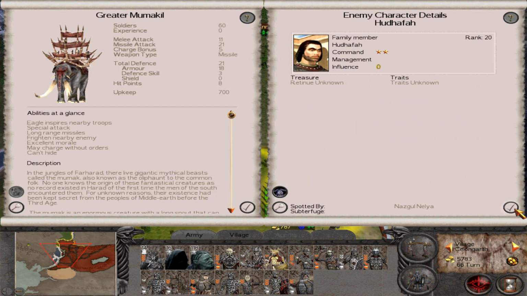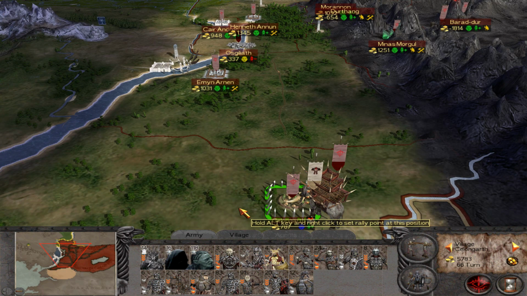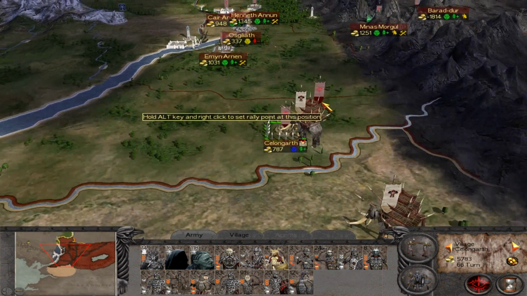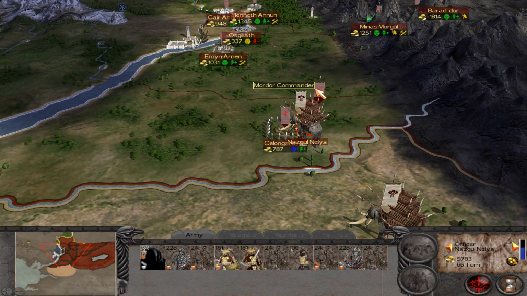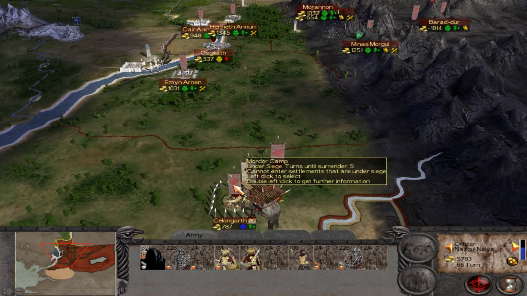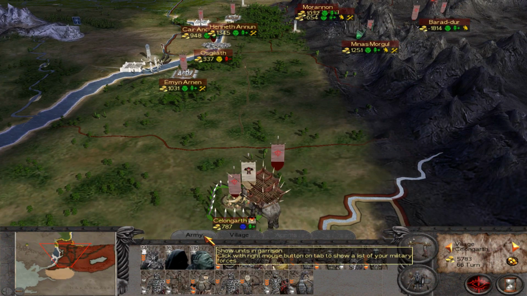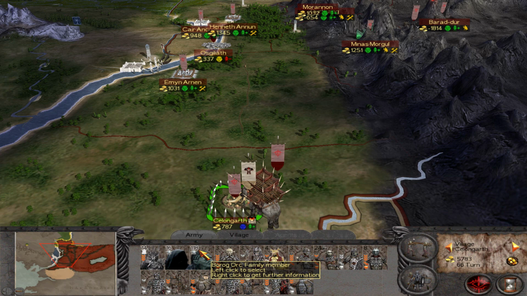They have 2 Greater Mumakils, the only unit I'm aware about. Our allied force will probably not be able to handle the Mumakils. Sauron can handle them, I believe.